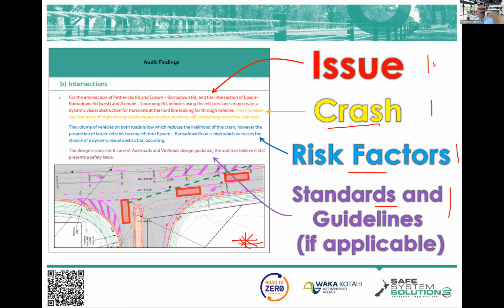Or you may say this meets the Austroads Guide sight distance requirements, the auditors still believe this is an issue, which is fine. Or you might leave that out altogether. And then you'd probably have a picture of this, or a snip from the design, or a photo from the driver's perspective, or a snip off your dash cam footage when you've done some drive-throughs, or whatever it is, to really highlight that's where the issue is. Follow the formula.